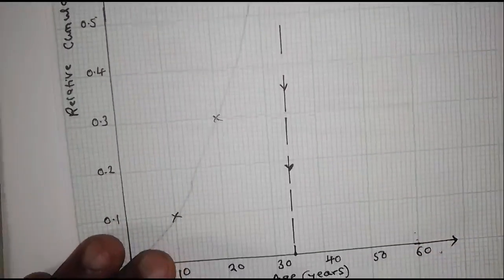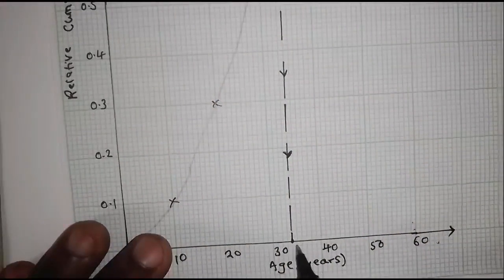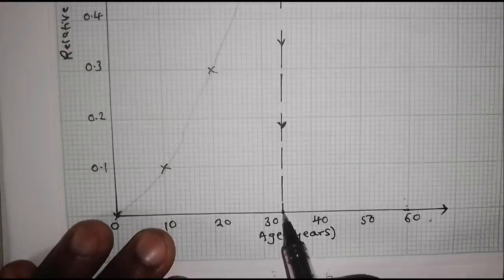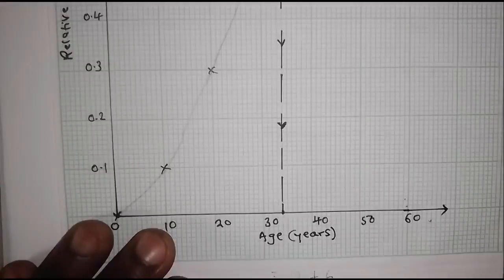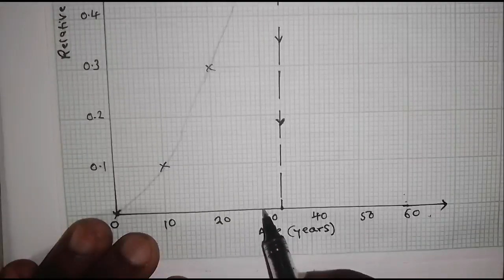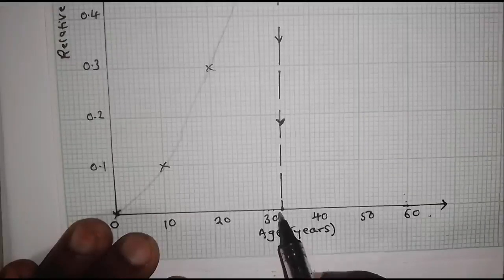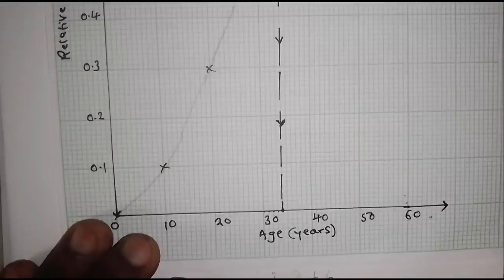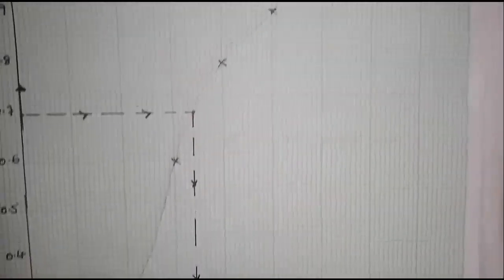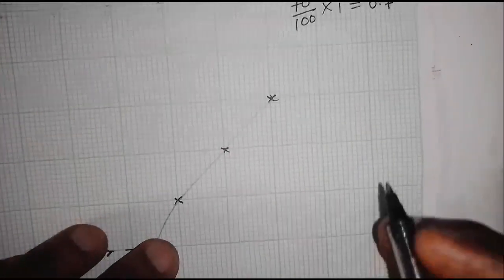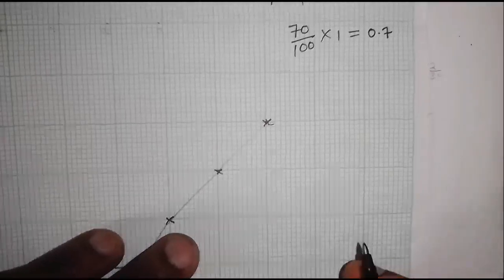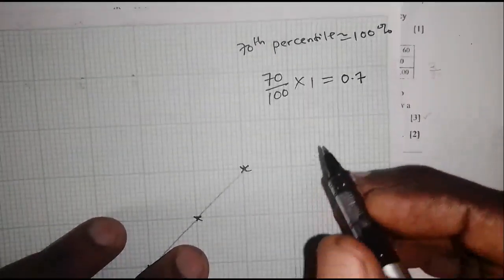This is telling somebody that the answer is down there. Now you just read off the number at which this line is indicating. So we have 30, 31, 32, 33, 34. So this means that the people in this 70th percentile are between 30 years and 34 years.